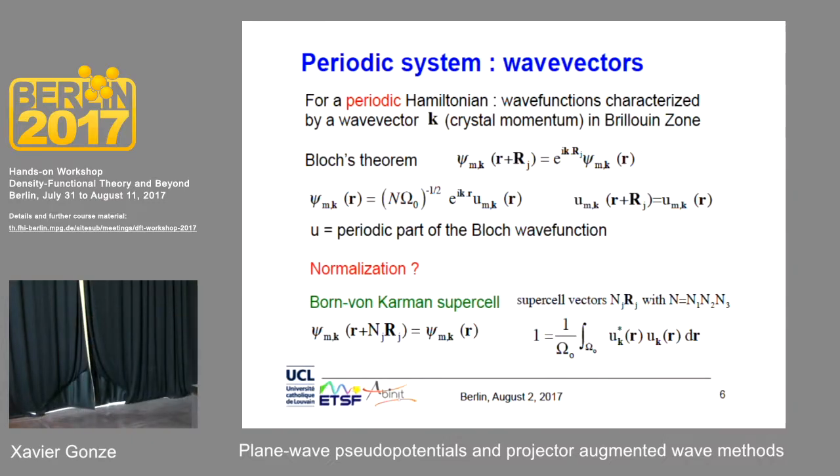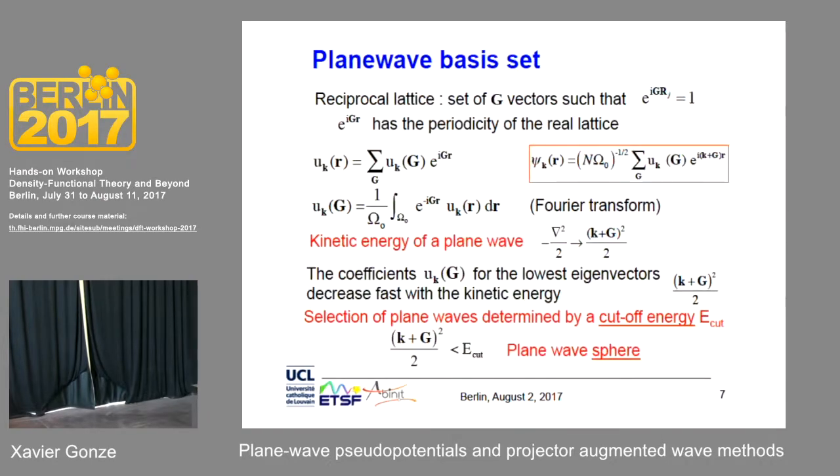So, next step in the treatment with a periodic boundary condition for the plane waves. The definition of the plane wave basis set is done by mentioning what are these G vectors defining the plane wave.